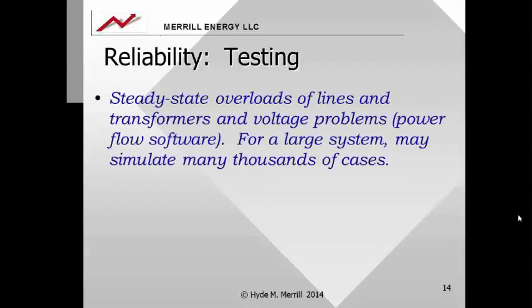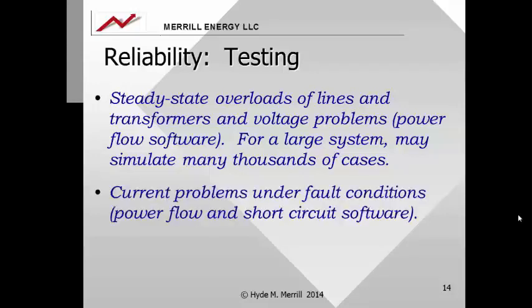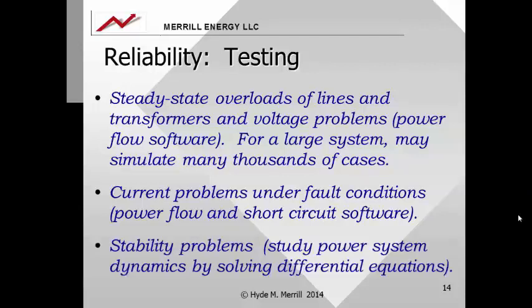First, they look for steady state overloads of lines and transformers, and for voltage problems. They do this using power flow software. They also check for problems of electric currents under fault conditions using power flow and short circuit software. And finally, they look for stability problems by studying the power system dynamics by solving differential equations.